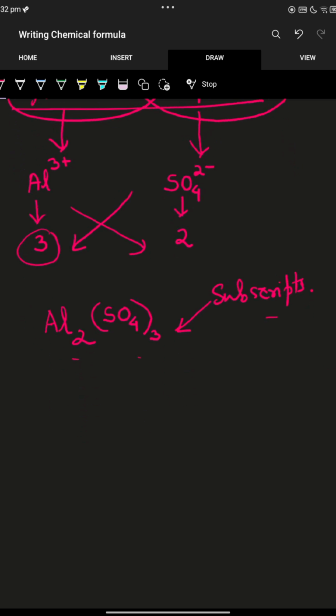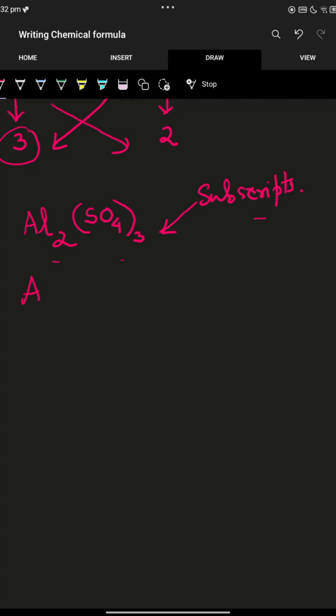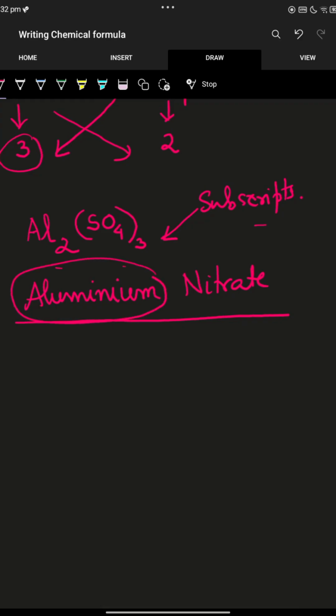Now if I say aluminium nitrate, you need to pause the video, write the names, and just find out the formula the way I am showing you. Aluminium has symbol Al, charge 3 plus. Nitrate is NO3, charge minus 1.